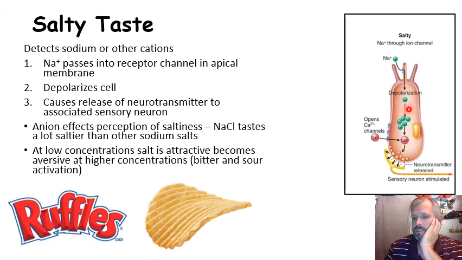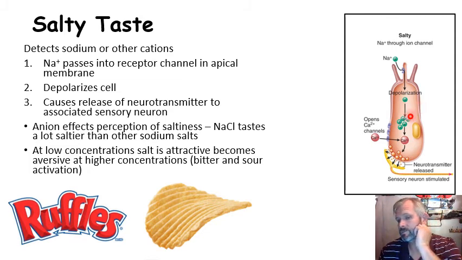Very similar to what you see taking place at the synaptic knobs of our neurons. We have opening of voltage-gated calcium channels, calcium rushes in, and that cues the release of neurotransmitters from these receptor cells. Okay, and we get neurotransmitter release, and if it is enough excitatory signal, above threshold, that's going to start the signal in that neuron.